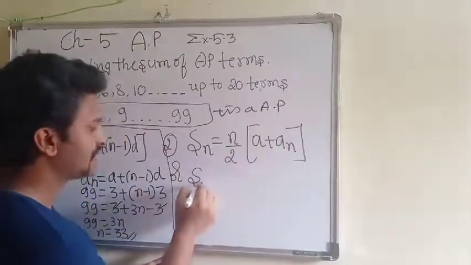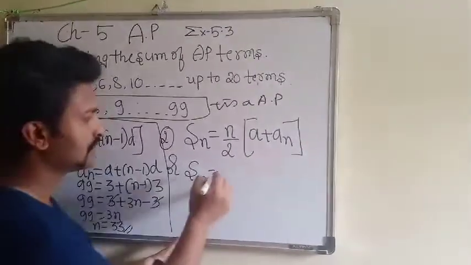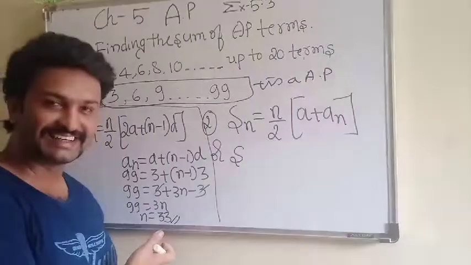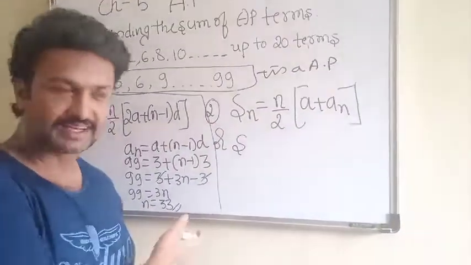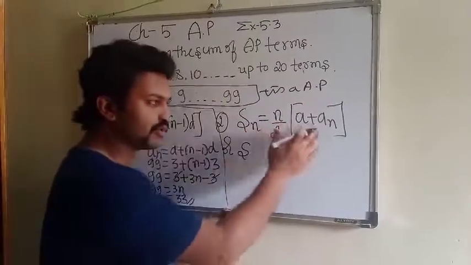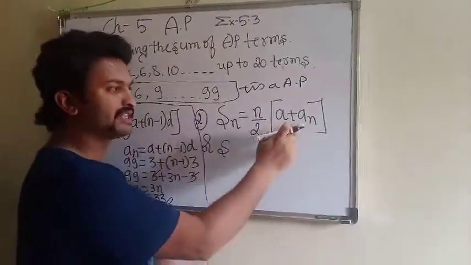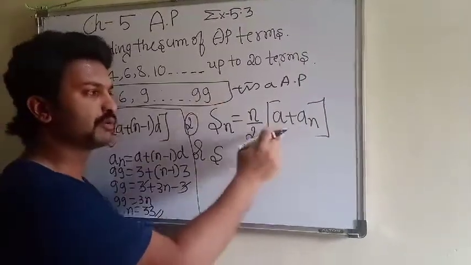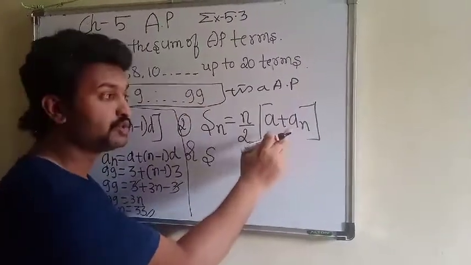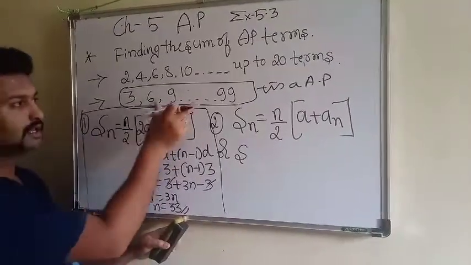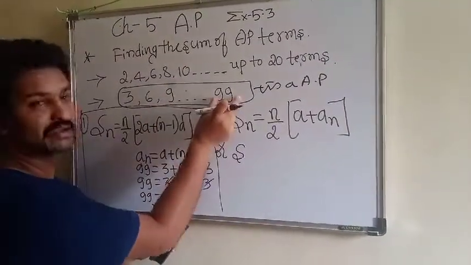After finding n, you got the value of n. In this AP, how many terms are there? You got 33. This is one more formula. If an is given, you can use this formula. If an is not given, use the other one. Here in this AP, an is there.